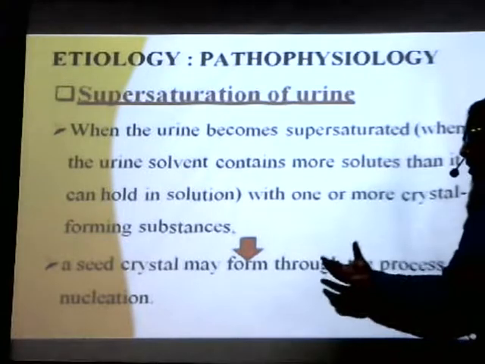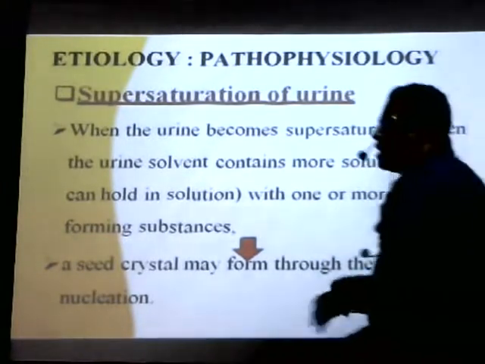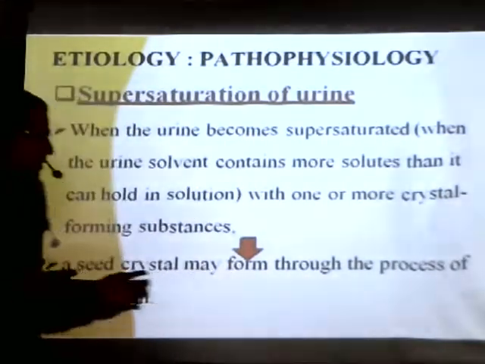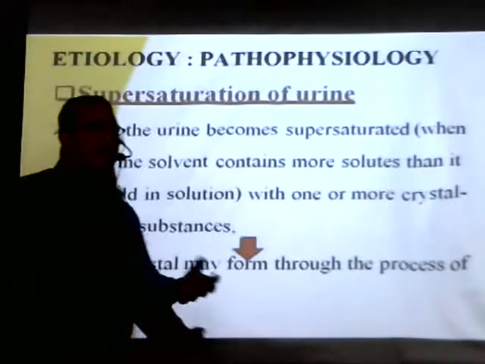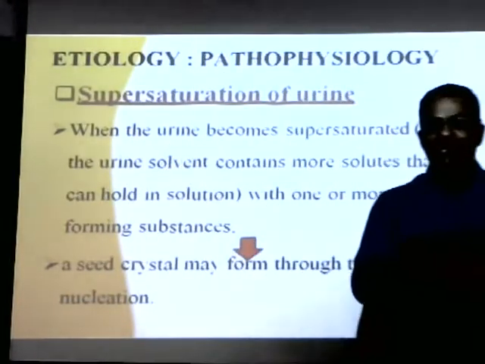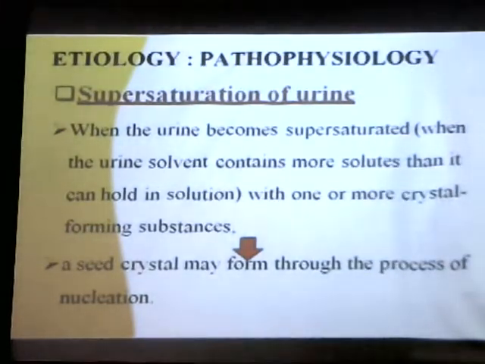Now, a seed crystal may form through the process of nucleation. You might be wondering what actually a seed crystal is. Crystals are something that we have seen in chemistry, but how do you understand a seed crystal?